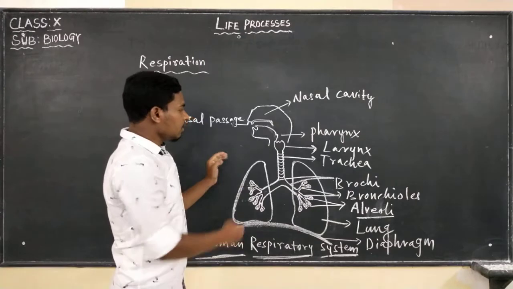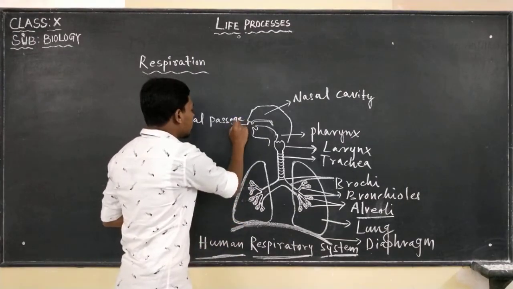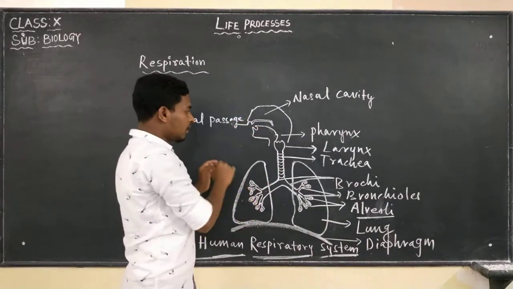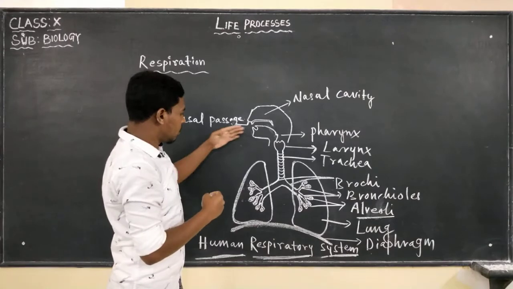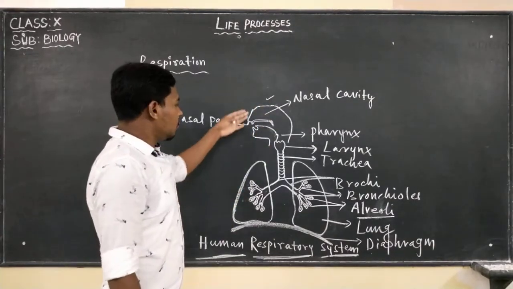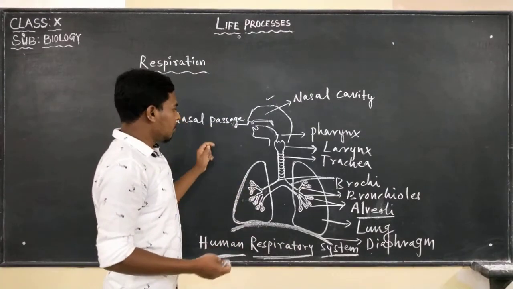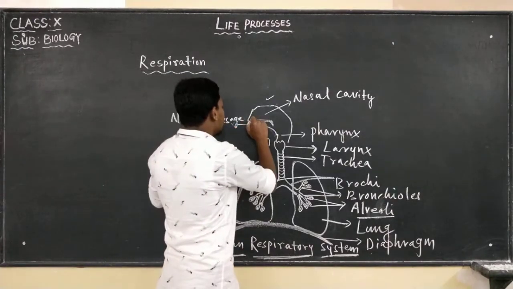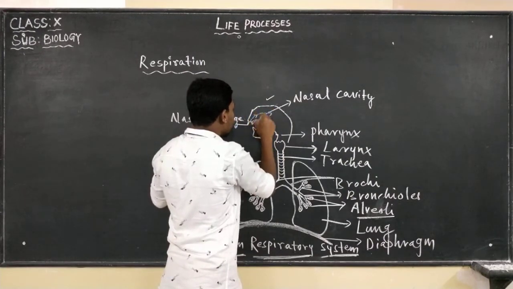Now, let us see how the air passage takes place in this system. We will take it step by step. So we need to know what all steps are followed in the respiratory system. We inhale air, right? So the passage of air goes like this.